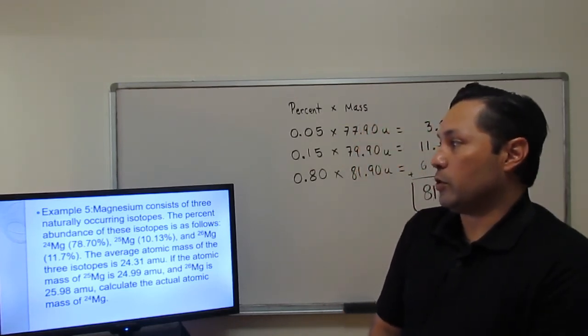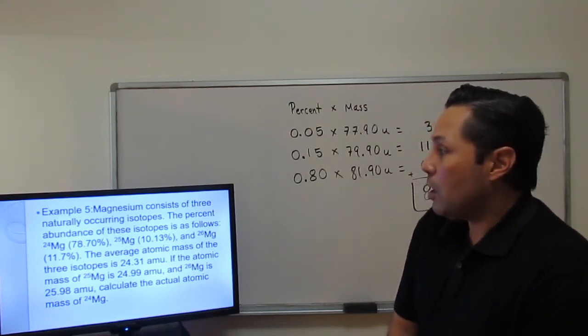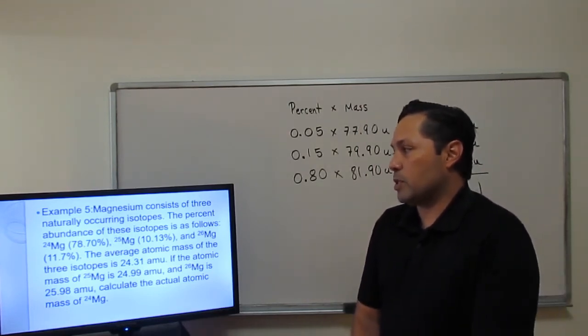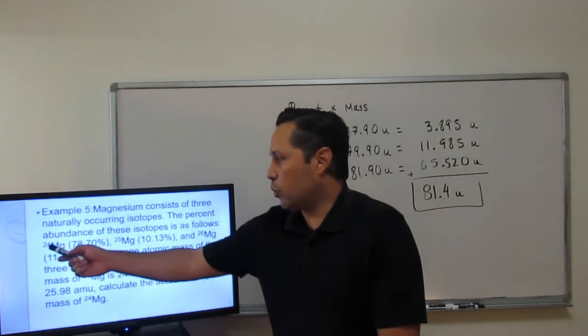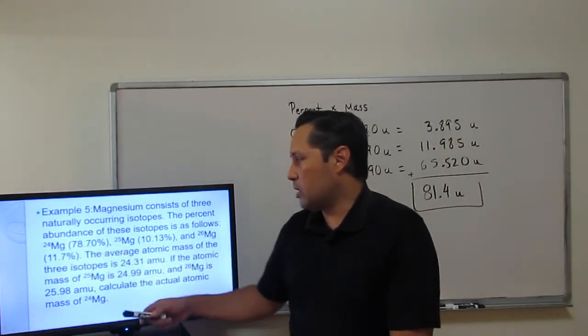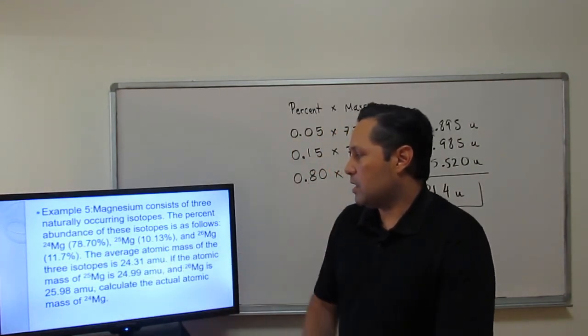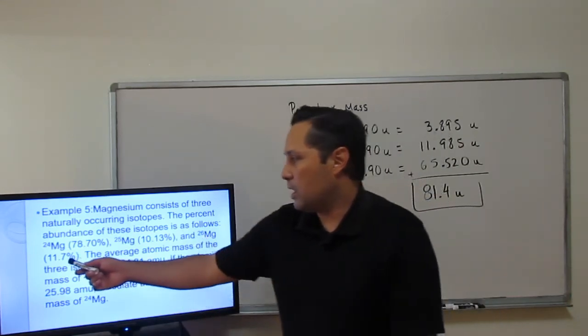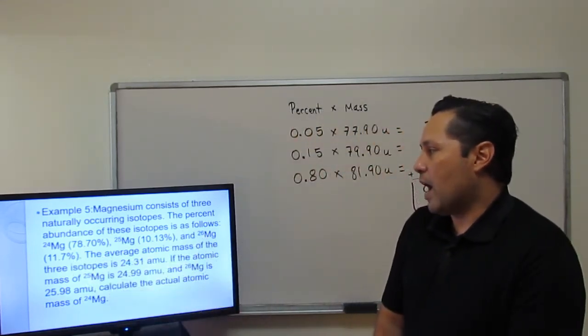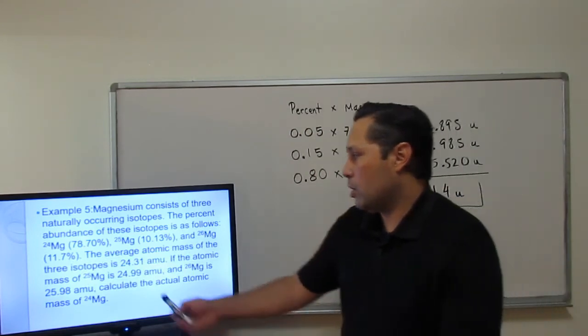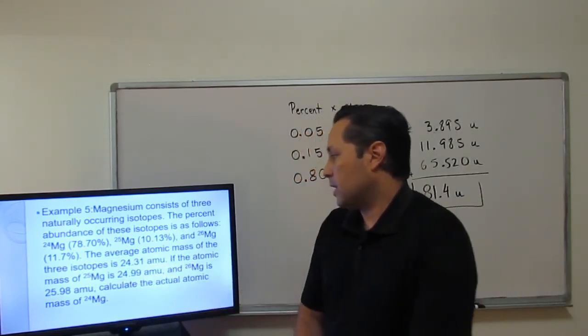It says magnesium consists of 3 naturally occurring isotopes. The percent abundance for each isotope is as follows. Magnesium 24 is 78.7%. Magnesium 25 is 10.13%. And magnesium 26 is 11.7%. The average atomic mass of the isotopes is 24.3.